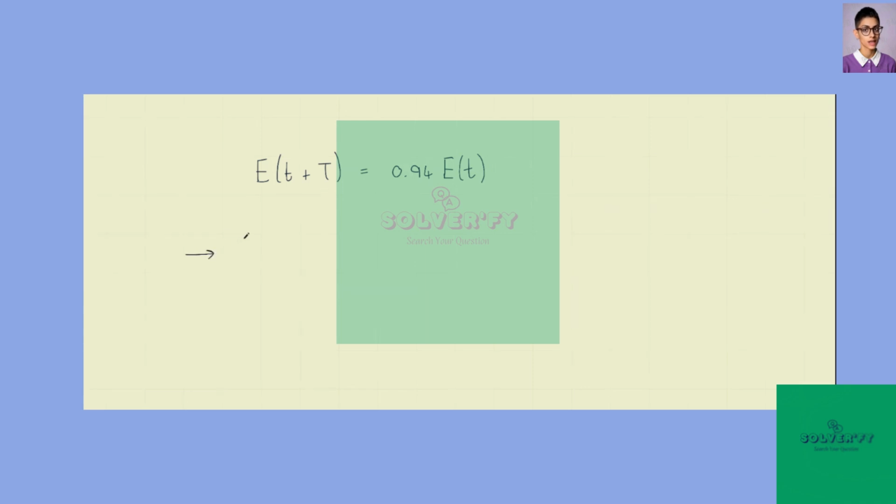And so this means that a half k a naught squared e to the minus b into t plus the period over m is equal to 0.94 into a half k a naught squared e to the minus bt over m.